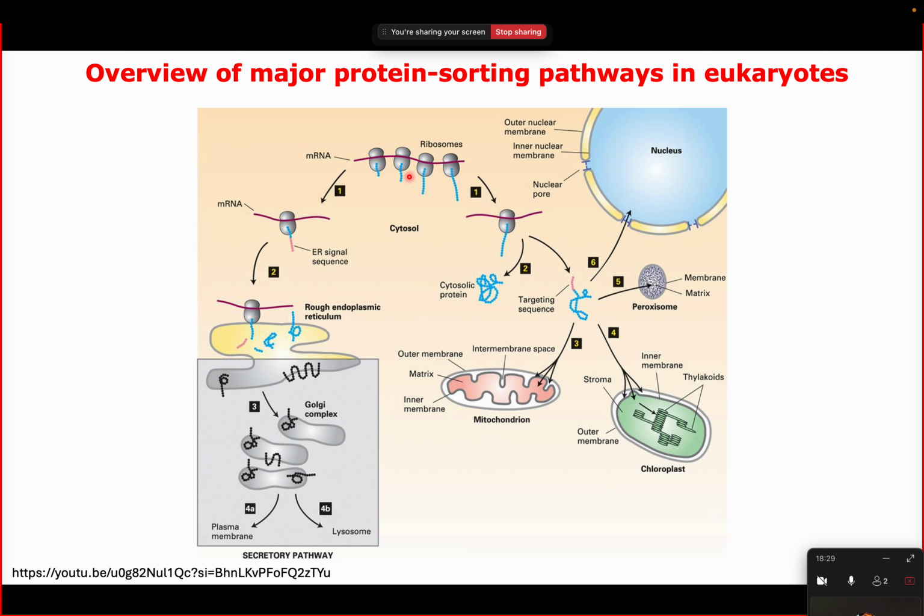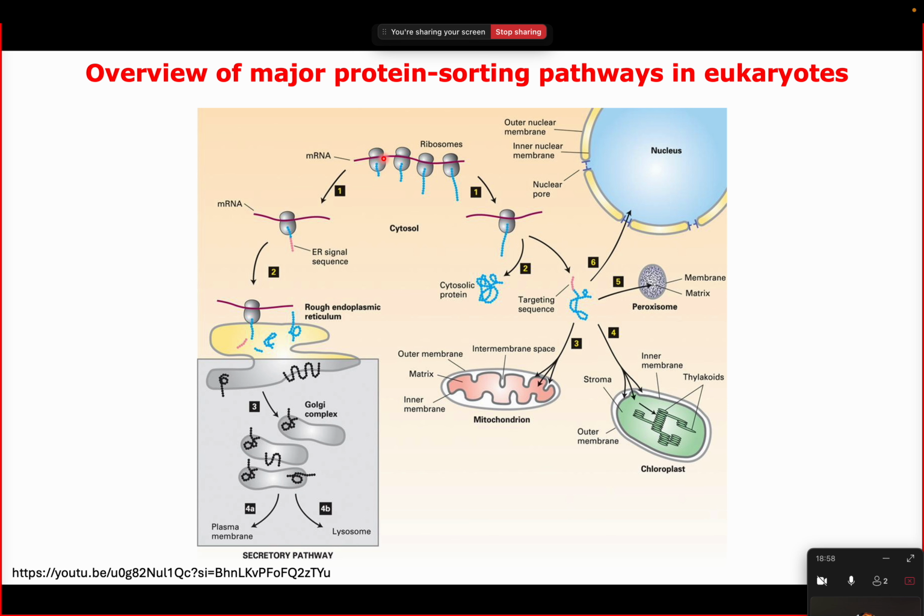Now, the observation was there are certain proteins that few moments into the translation have been sent towards the ER, while there are some proteins which are not sent towards the ER but stay in the cytosol. This was the observation. Correct? Another observation and fact which we know is that the translating machinery is same.